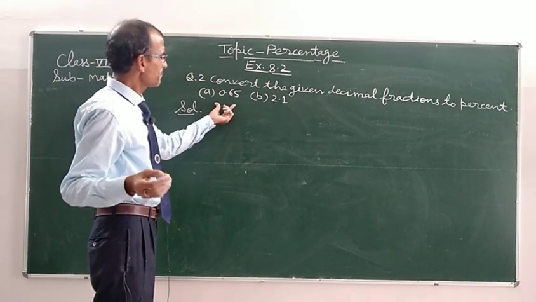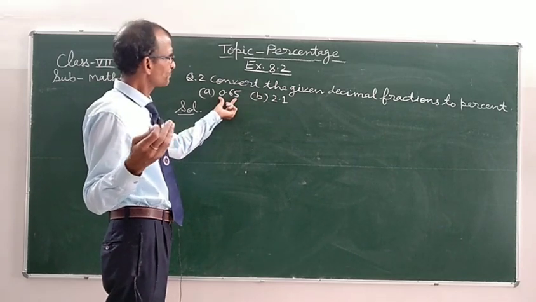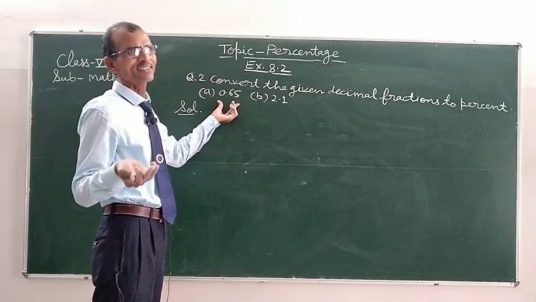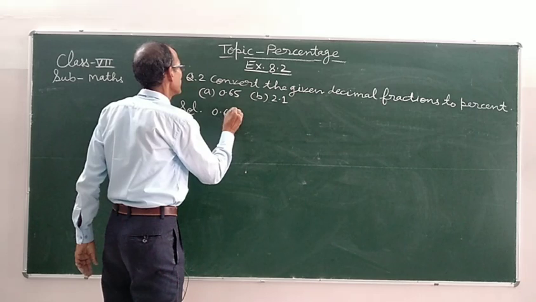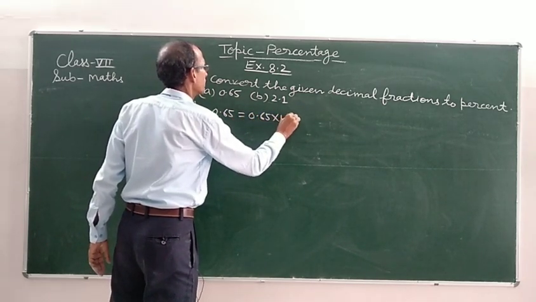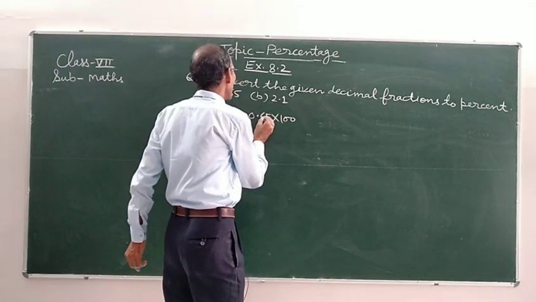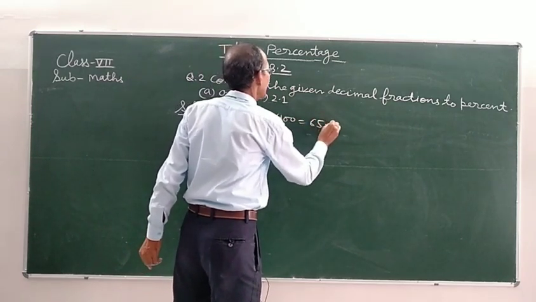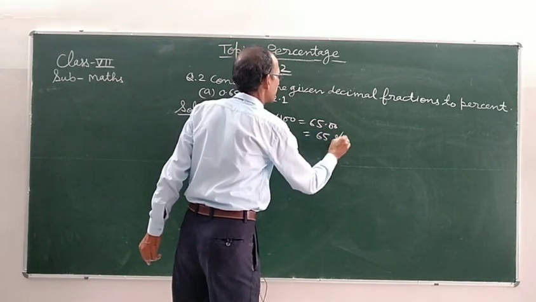As we have discussed, to convert a decimal number into percent, we multiply it by 100 as like fractions. So 0.65 is equal to 0.65 into 100. When we multiply 0.65 by 100, we will get 65.00. That is equal to 65%. Okay?